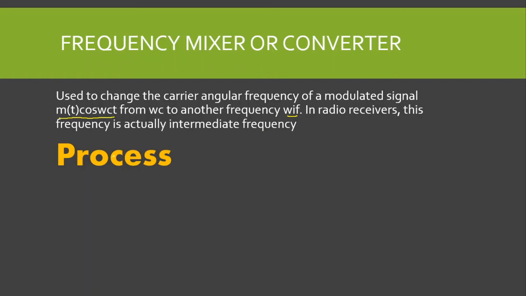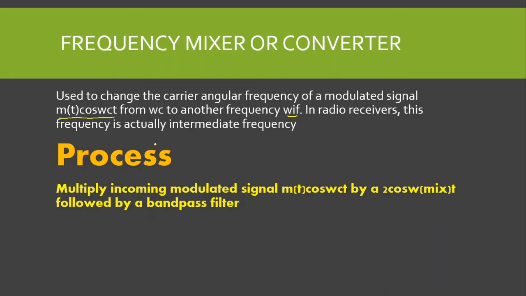So what is the process of achieving this frequency mixing or frequency conversion? Simply multiply the incoming modulated signal, which is m of t cosine omega_c t, by 2 cosine omega_mix t, where omega_mix is equal to omega_c plus or minus omega_IF, which is the intermediate frequency.